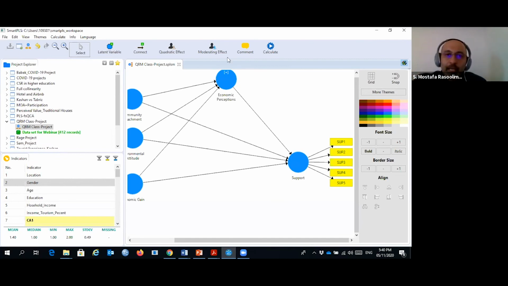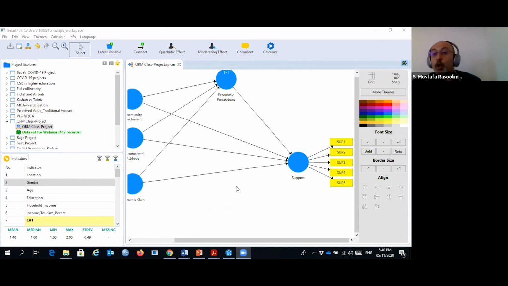But we apply multi-group analysis for assessment of the moderating role of gender for all relationships, all effects, not only for one. Your assignment is only one effect. So for your assignment, the interaction effect is applicable. But if I want to check the moderating role of gender for all relationships, I have to run MGA.